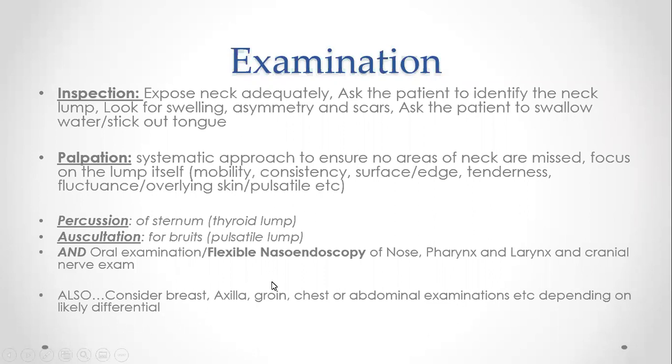And if we suspect the lesion is coming from below the clavicle, we need to consider the examination of the breast, axilla, groin, chest, and abdomen. If we suspect lymphoma, the same, we need to examine the chest and abdomen as well.